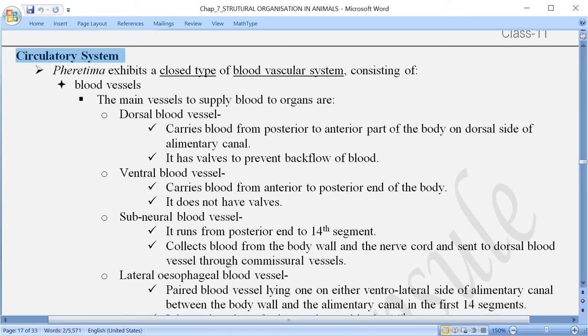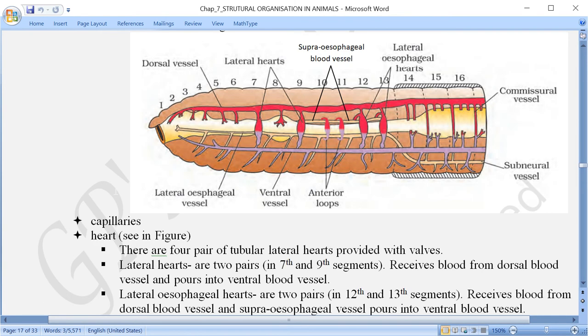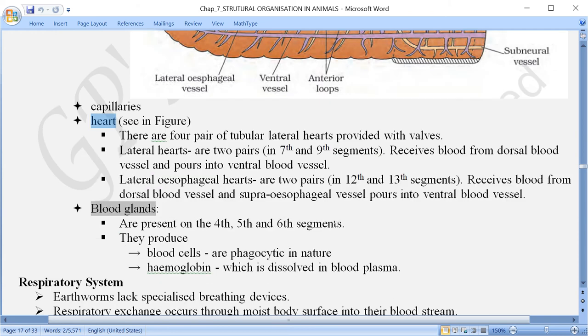And in the case of earthworm, we are talking about the closed circulatory system. It consists of blood vessels, capillaries, and even hearts. But this heart is a little different from what you have learnt in the previous class in the case of human beings.